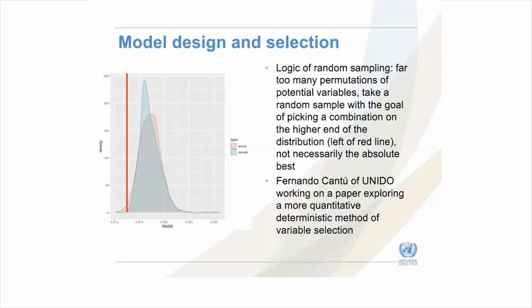This is just one, and it's the one that I employed for this particular case. If anybody knows any better approaches, please speak up either now or at the discussion at the end. But this is at least a way to have a relatively solid idea that you have a well-performing model out of the whole world of potential models.